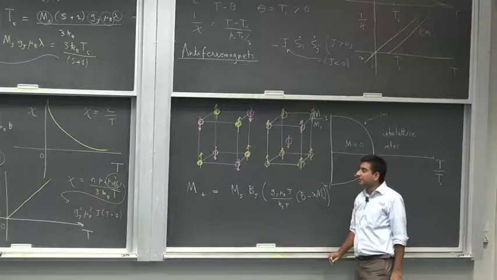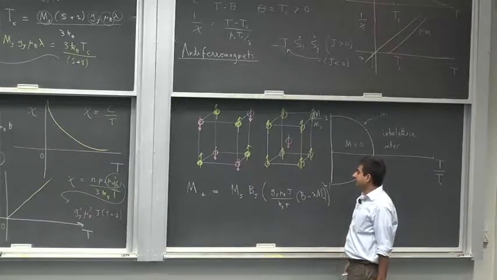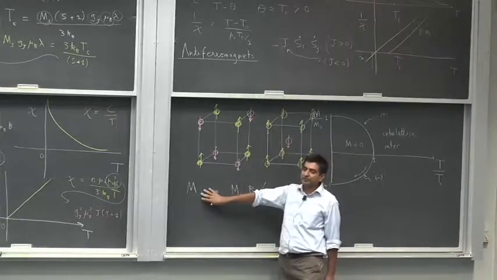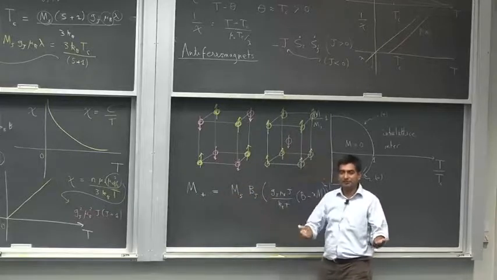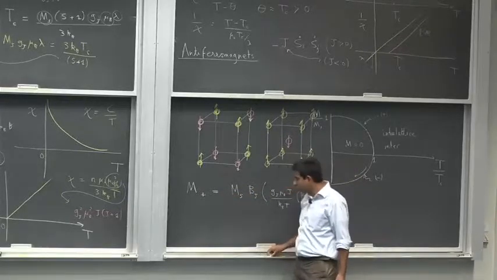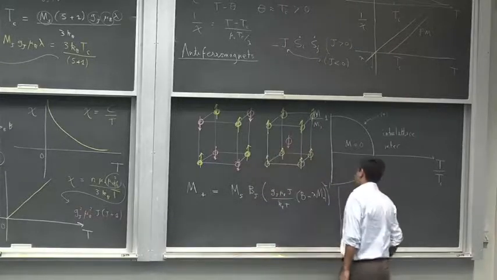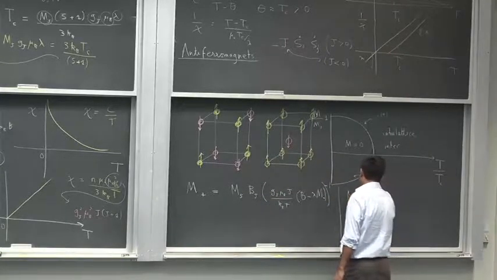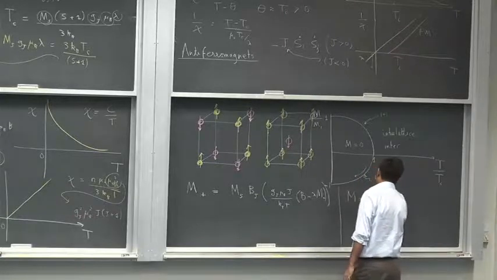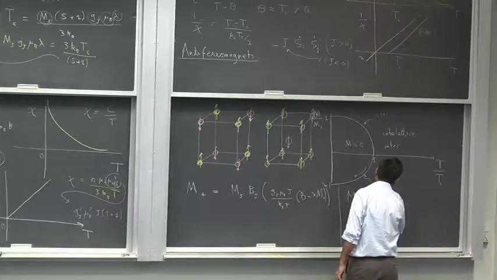For a ferromagnet, there is no distinction between the two subdomains. There is just one domain which is magnetized. Now I'm going to write the ferromagnet. For the ferromagnet, there is just one M equals Ms Bj as a function of y.